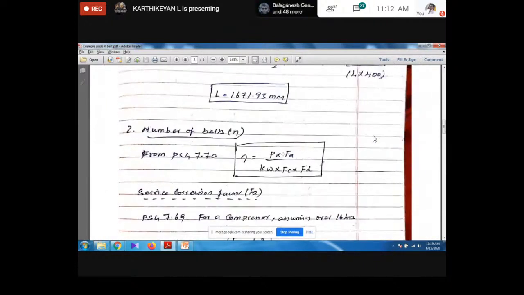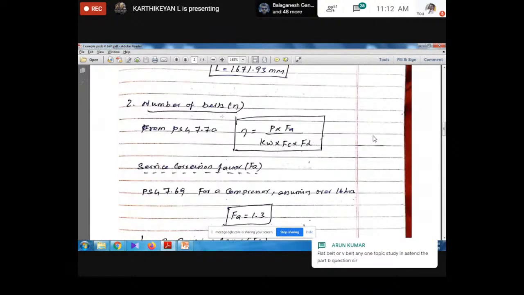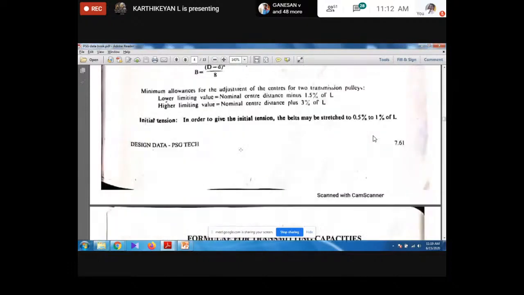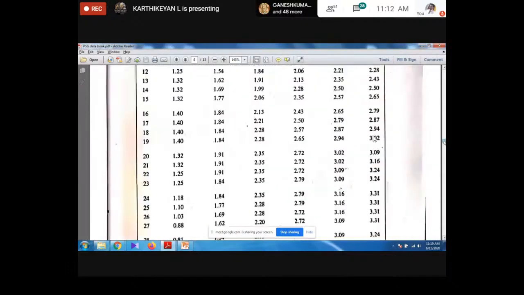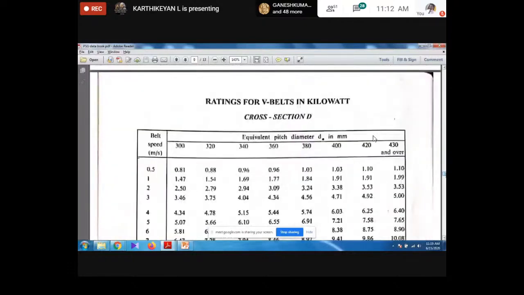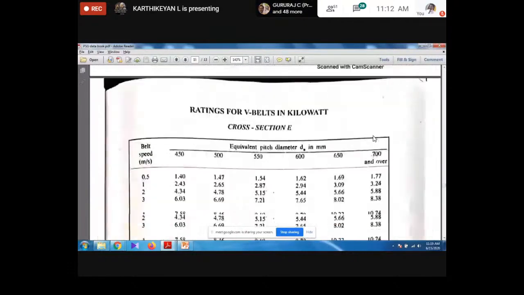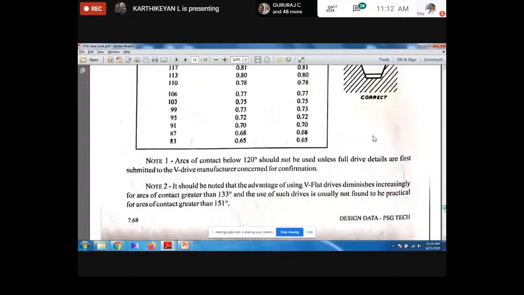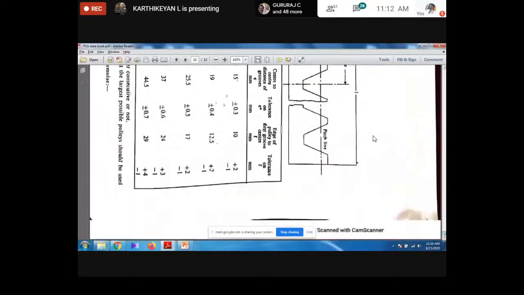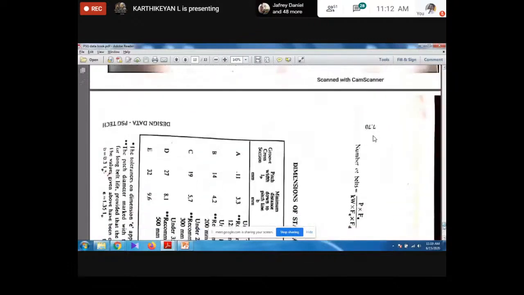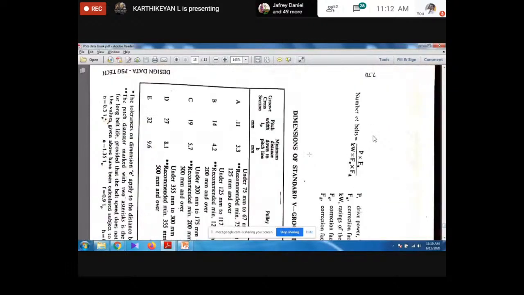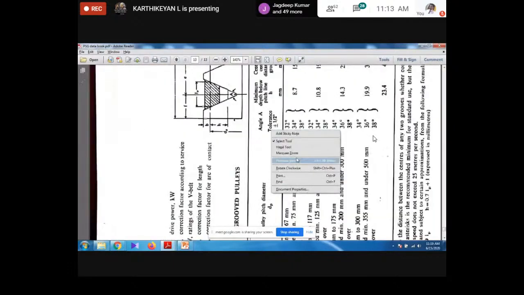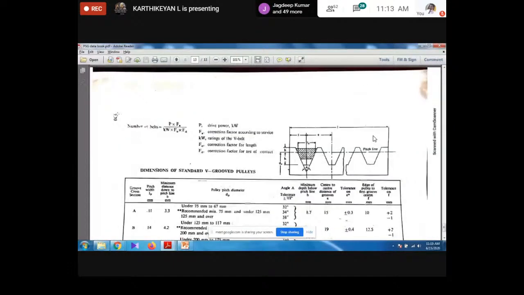So next, the fifth step is I am going to calculate the number of belts. So no need to remember this equation. This equation is available in the PSG data book, page 7.70.